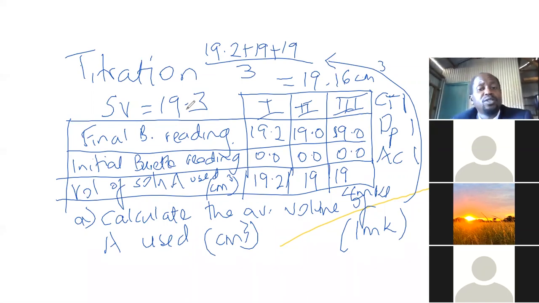I'm just giving an example. School value equals 19.3. Now, for you to score on accuracy, we look at any of the 3 titrations that you have done or that are recorded there.